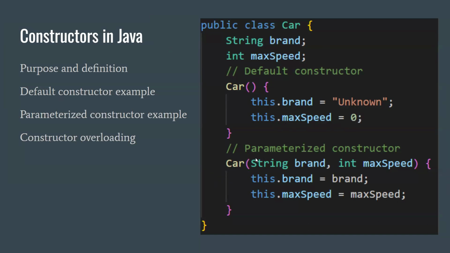And the parameterized constructor, unlike the default constructor, allows the creation of a car object with specific brand and max speed values provided at the creation time.